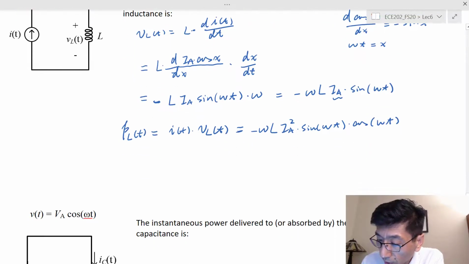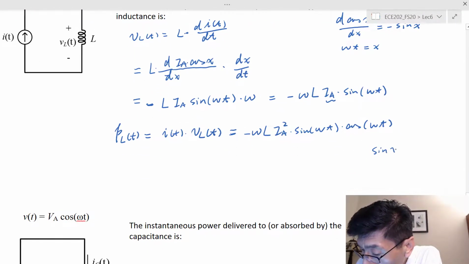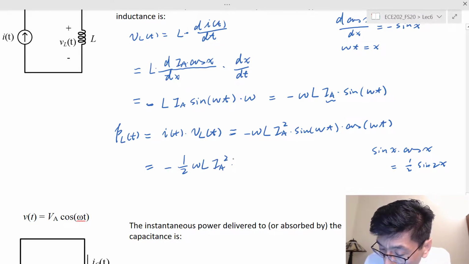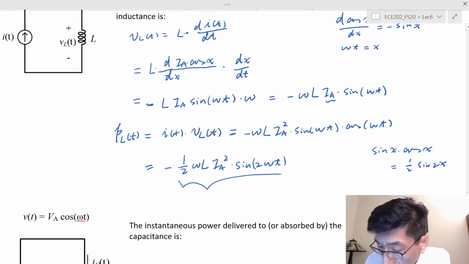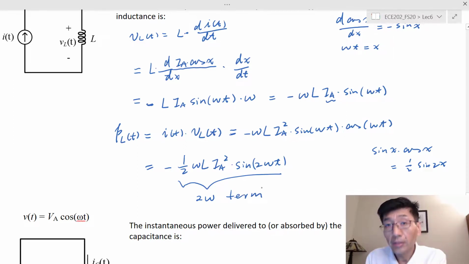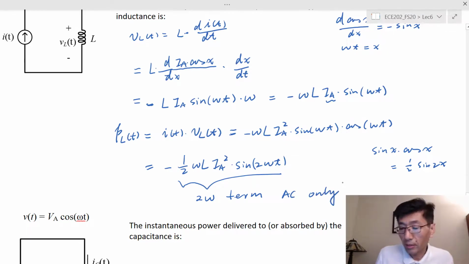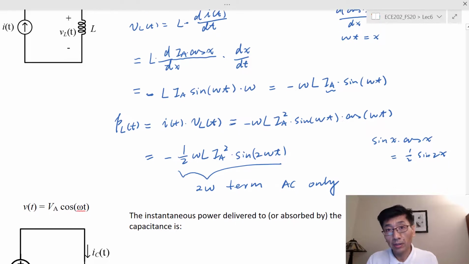Then using the trig identity, sine x cosine x is equal to half sine 2x, we can rewrite this as negative half omega L IA squared times sine 2 omega t. Again here, this is the 2 omega term, but this is AC only. So this is different from the resistance case. For the instantaneous power of the resistance, you also have that constant DC part.